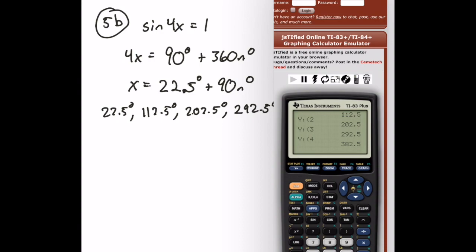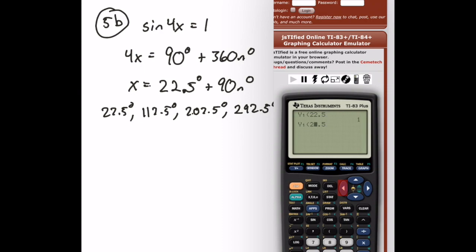And then let's check in the original to make sure that these all work in the original. So if I go to my y equals, I'm going to put in sine of 4x, and my result should be 1. I'm going to quit. I want my mode to be in degrees, which it is. I'm going to pull up this function. So now, first when I plug in 22.5, I should get 1, and we do.